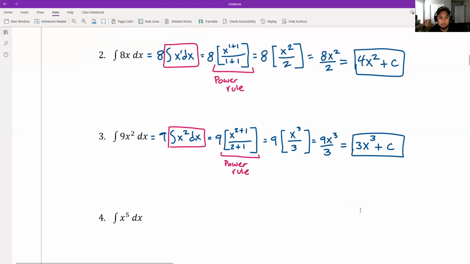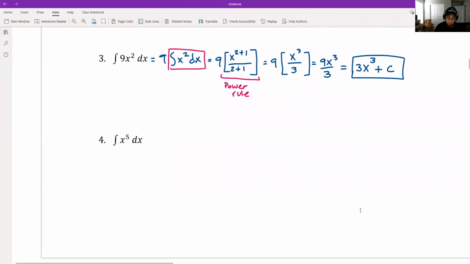4. This one's just going to be strictly power rule. So you get x to the 5 plus 1 over 5 plus 1. This becomes x to the 6th over 6. That's it. We're done.